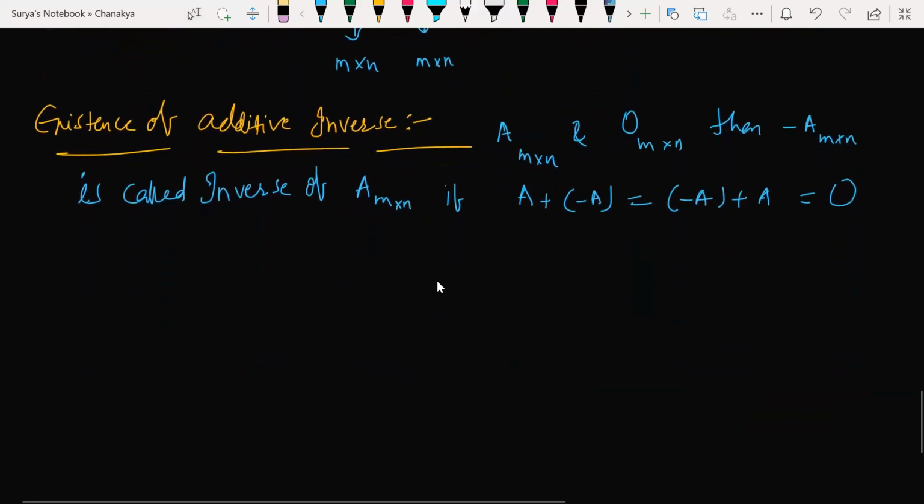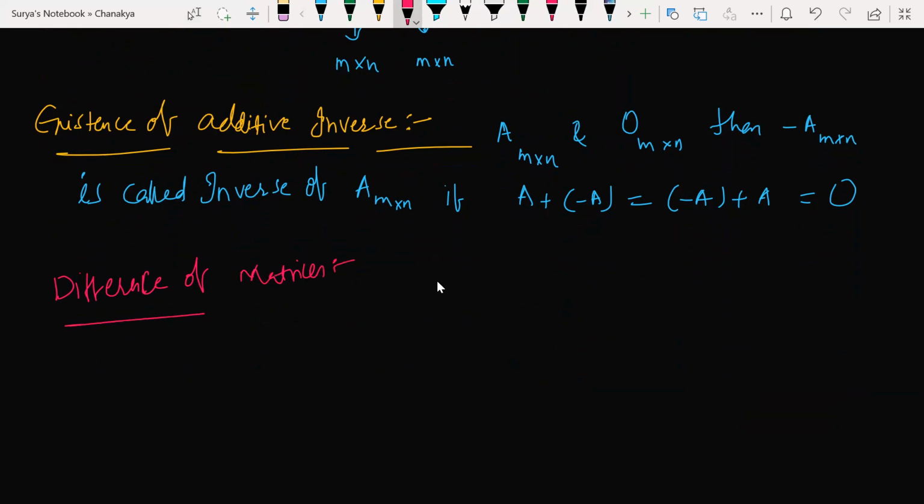Difference of matrices. Difference of matrices means subtraction of matrices basically. Difference means A minus B of matrices.